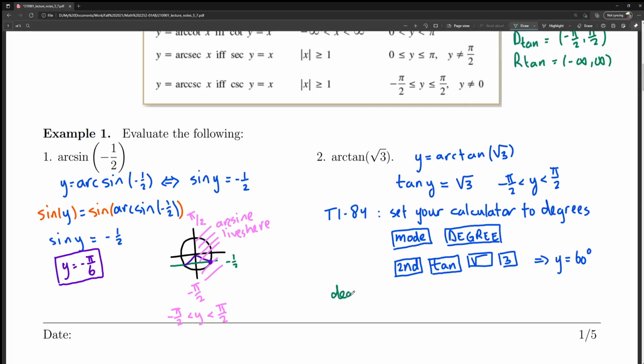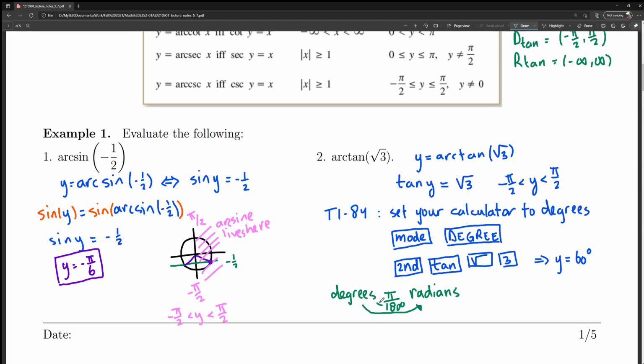If we have degrees and we have to go to radians, then we have to multiply by pi over 180, because 180 degrees is pi radians.